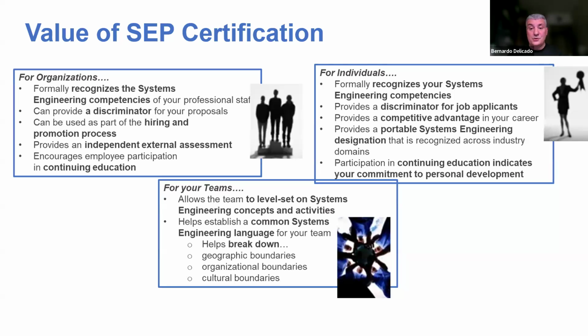For individuals, as you know, formally recognize your system engineering competencies, provides a discriminator for your applicants, provides a competitive advantage in your career, provides a portable system engineering designation that is recognized across industry domains, and also participation in continuing education indicates your commitment to personal development.